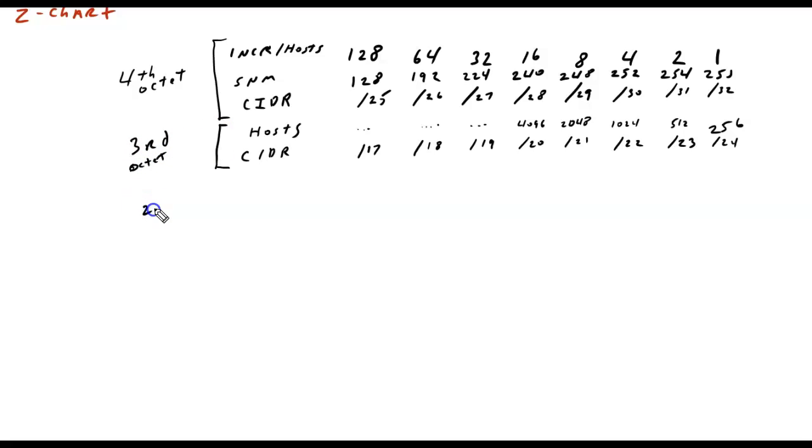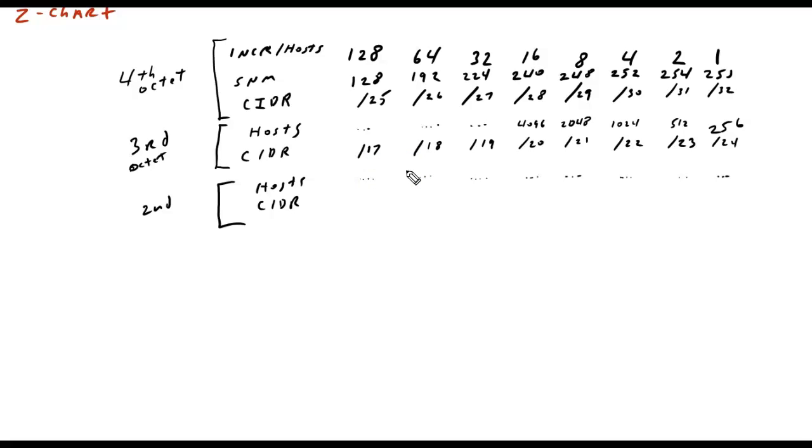Now the second octet. Again, I need hosts and CIDR. So the hosts would continue up here. And again, I'm not going to bother to count these. You could work them out if you need them. It's very rare that even on an exam they're sadistic enough to make you work up in here, although I've seen it maybe once or twice, but not often.